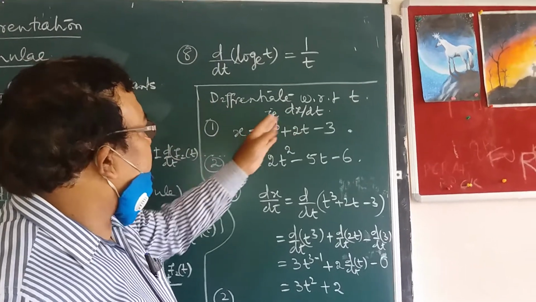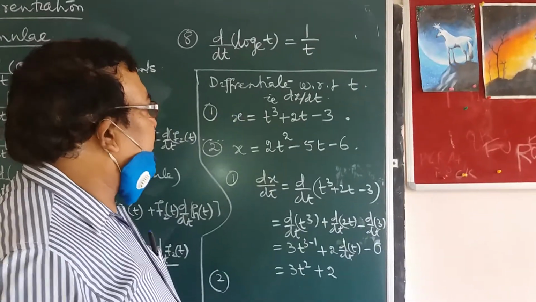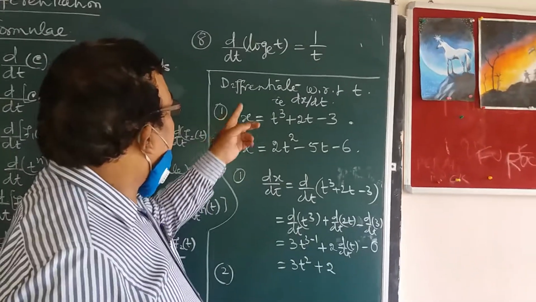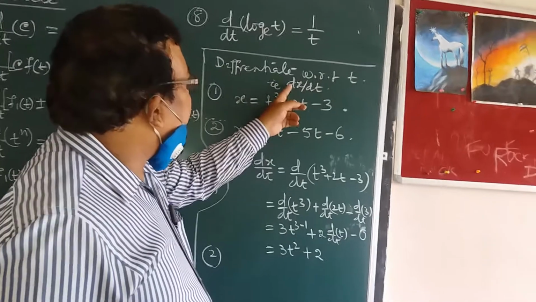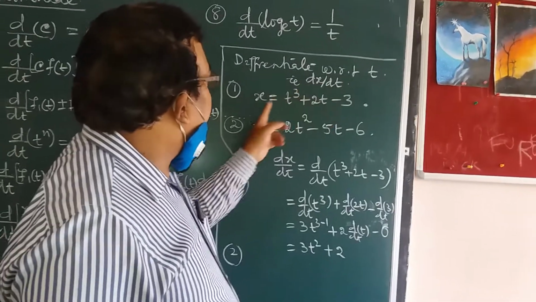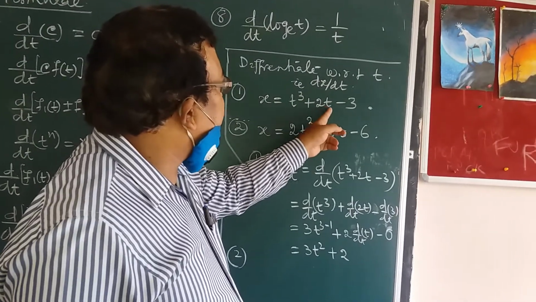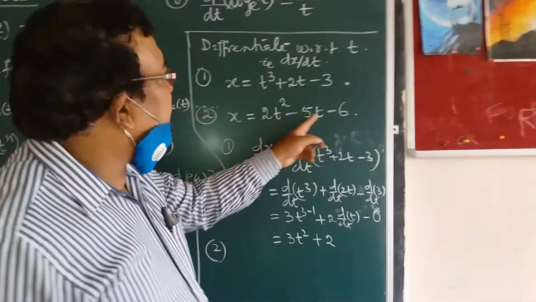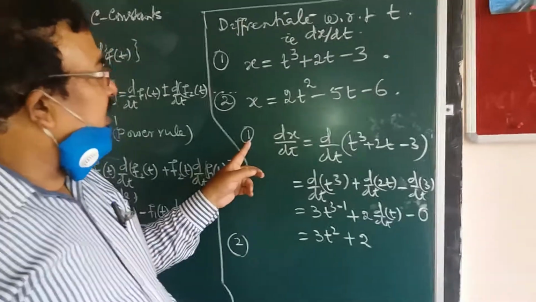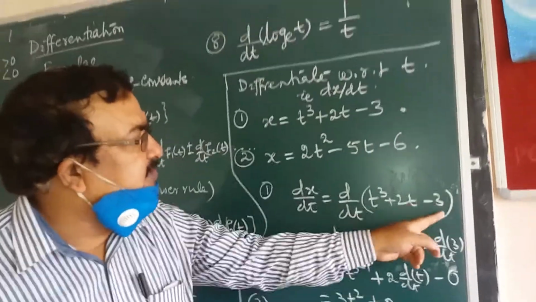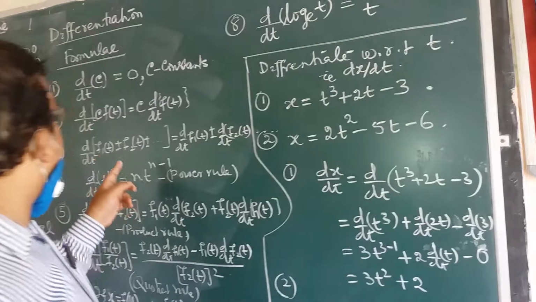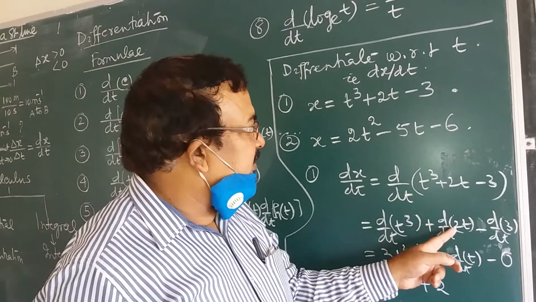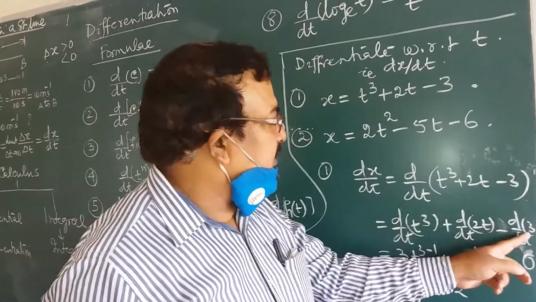So I have given two simple problems, and I have solved one. You have to differentiate with respect to time, that is, find dx by dt, where x is t cube plus 2t minus 3, and in the other x is t square minus 5t minus 6. The first one I have done: dx by dt, then putting the function, and using formula number 3, first function plus the second minus the third.